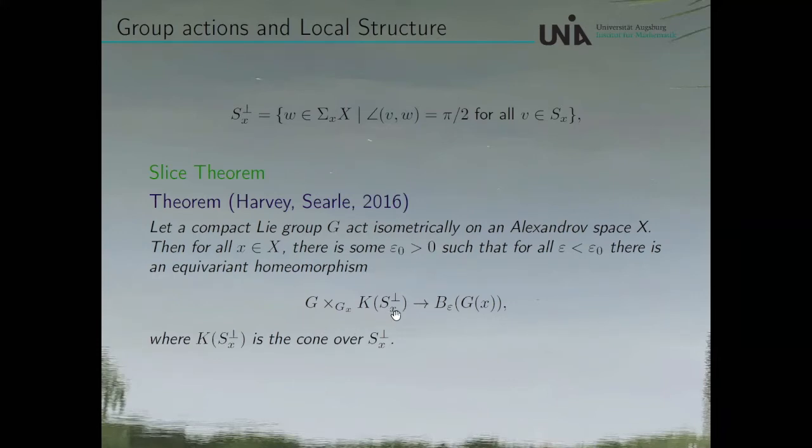And as you see, we can see the normal space of directions in this expression. This is also a very useful tool because it gives us the local picture of the space under the isometric action of a Lie group.